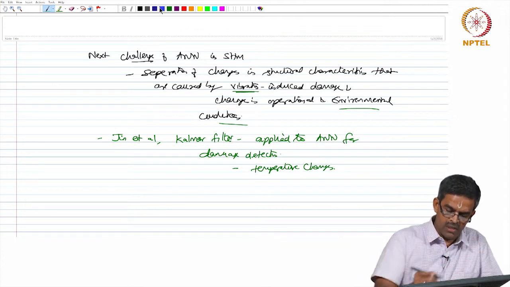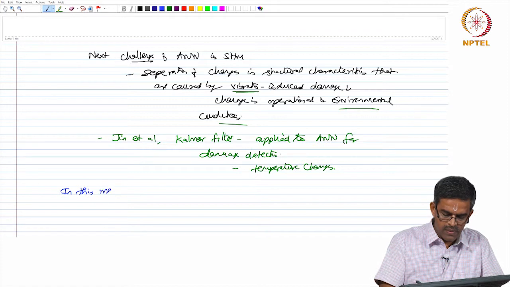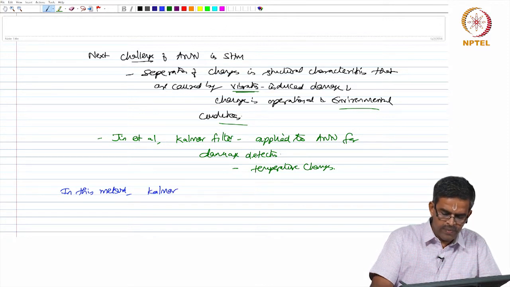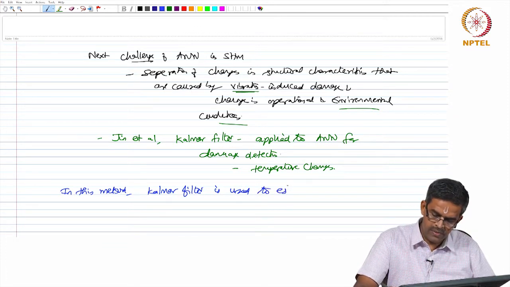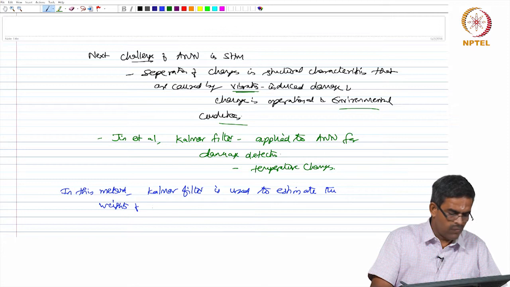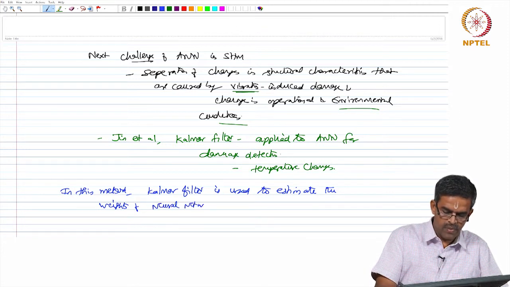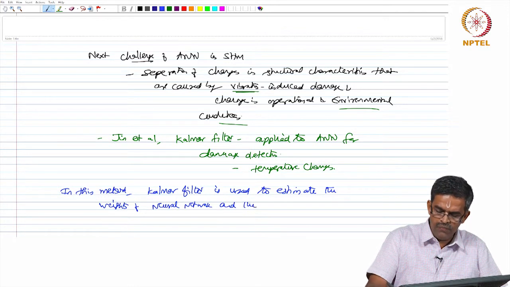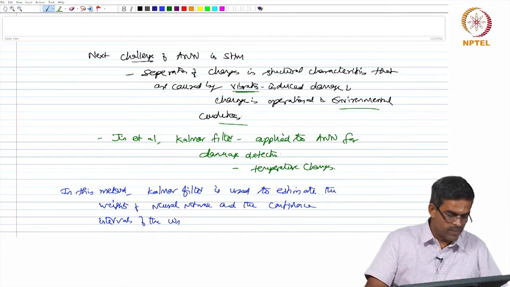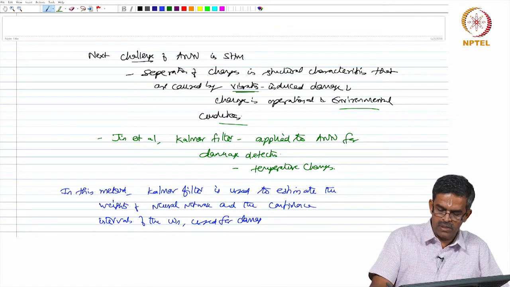In this method, the Kalman filter is used to estimate the weights of the neural network and the confidence intervals of the natural frequencies which are used for damage detection.